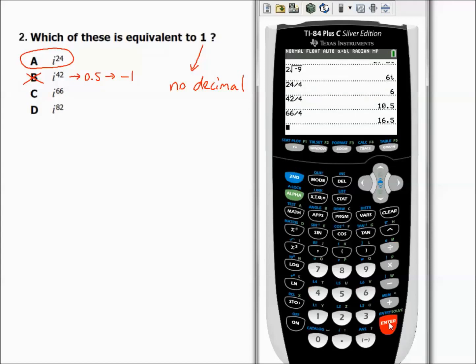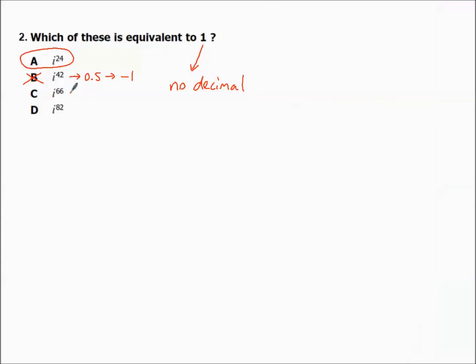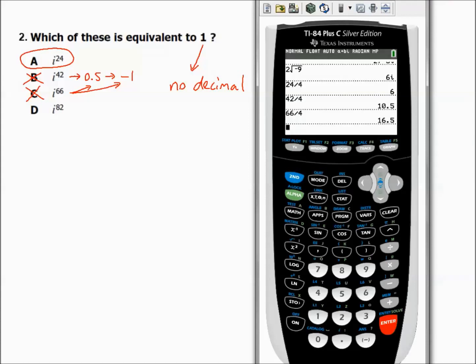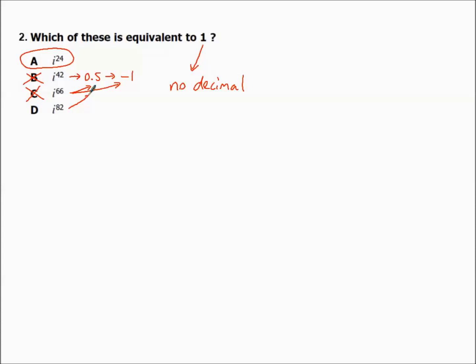And let's see what I get. I get the 0.5 again. So that's also equivalent to negative 1. So of course that's not one of our answers. And let's do D. That is an exponent of 82. We'll divide that by 4 because this is a pattern of 4. And same thing, we get a decimal of 0.5, so that is also not one of our answers. And we confirmed that A is our answer.